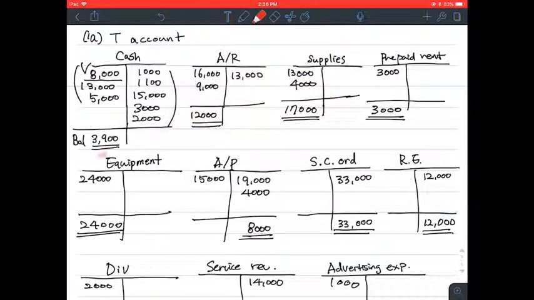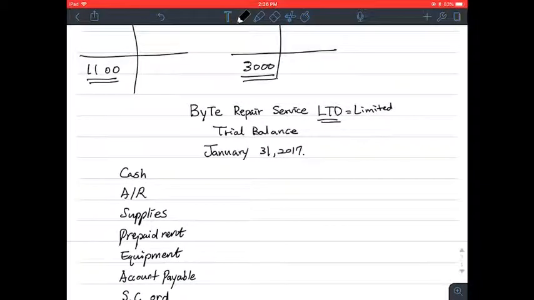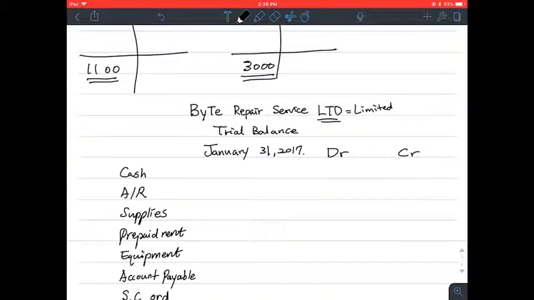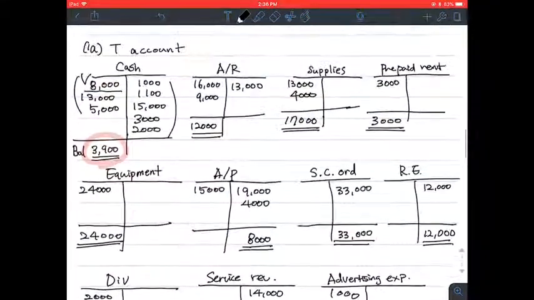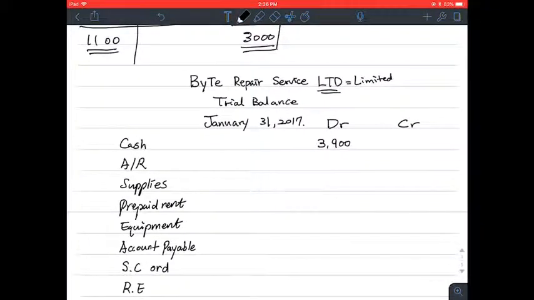Okay, then let's go to our T accounts and look at our balances. Cash, 3,900, right? Let's write debit here and credit here. 3,900. Account receivable, we had 12,000.